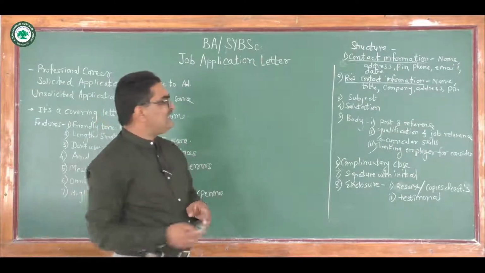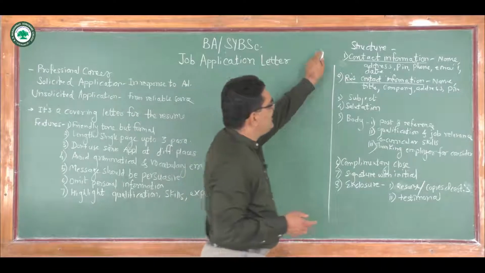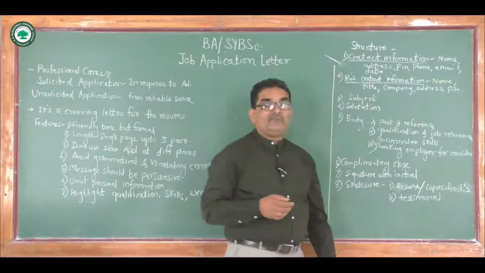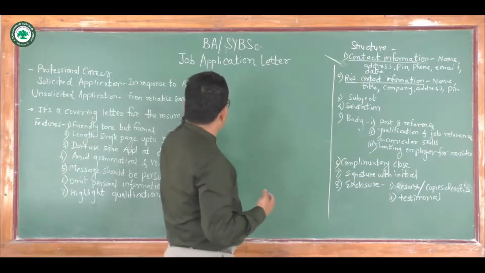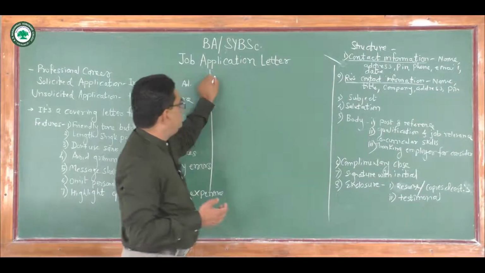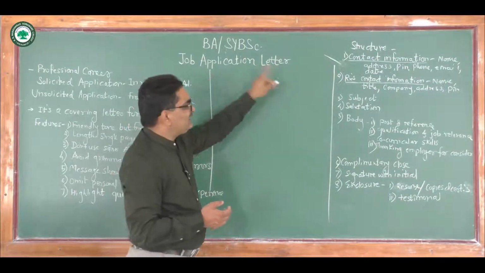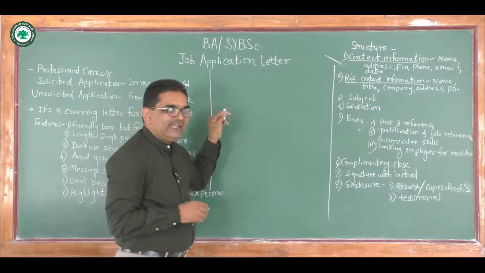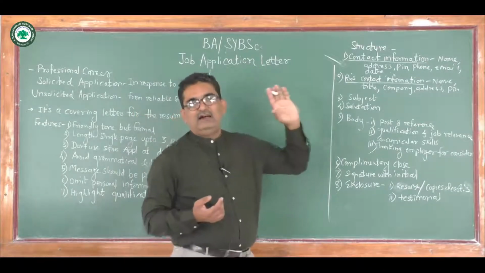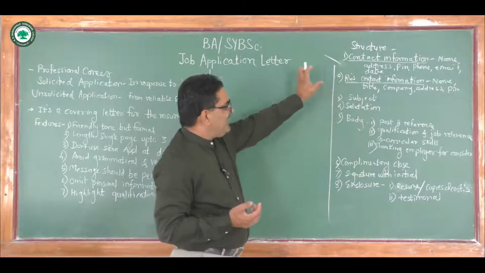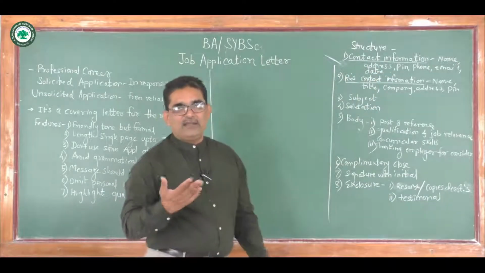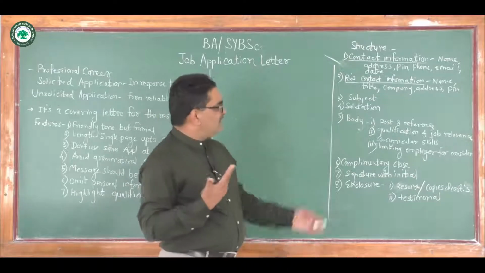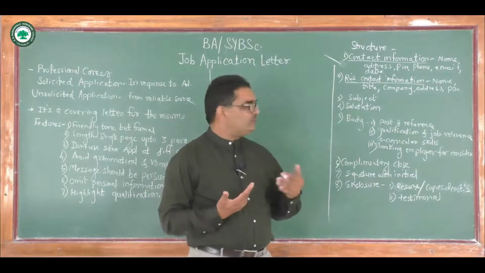First of all, the first information should be your contact information. Nowadays the style has changed. Towards the left side, we write the contact details. For example, John Abraham, address, Riddhi Siddhi Nagar, Vile Parle, 400112.